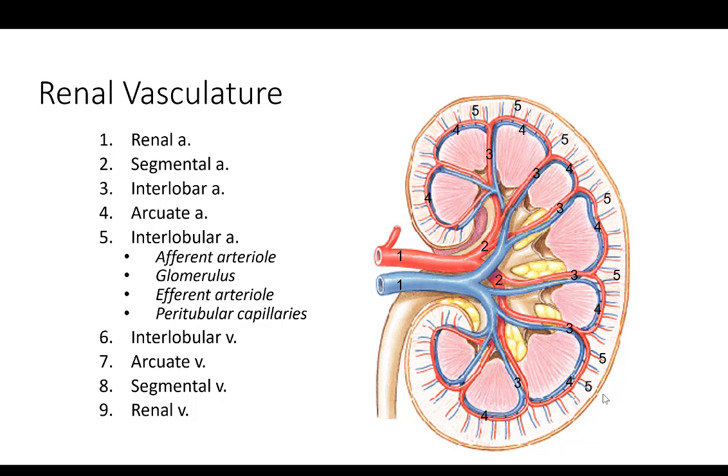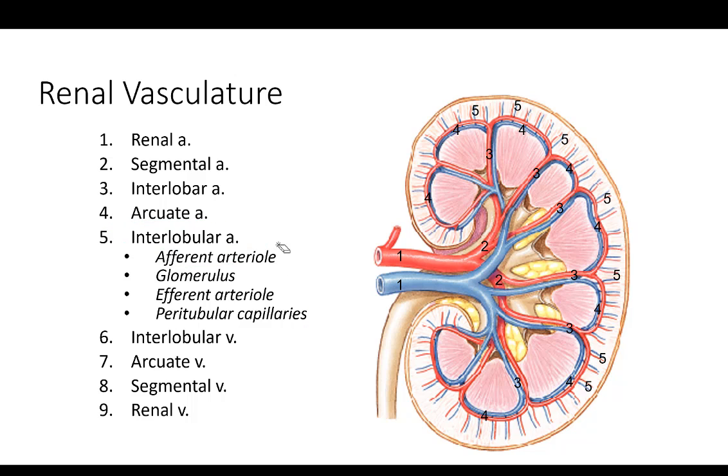Okay, on the question about blood vessels within the kidney, many of you answered renal artery, but that's just this one. That's just the vessel going into the kidney. The question was asking about the vessel that was going to the afferent arteriole. So these here in italics refer to what's going on within a nephron.